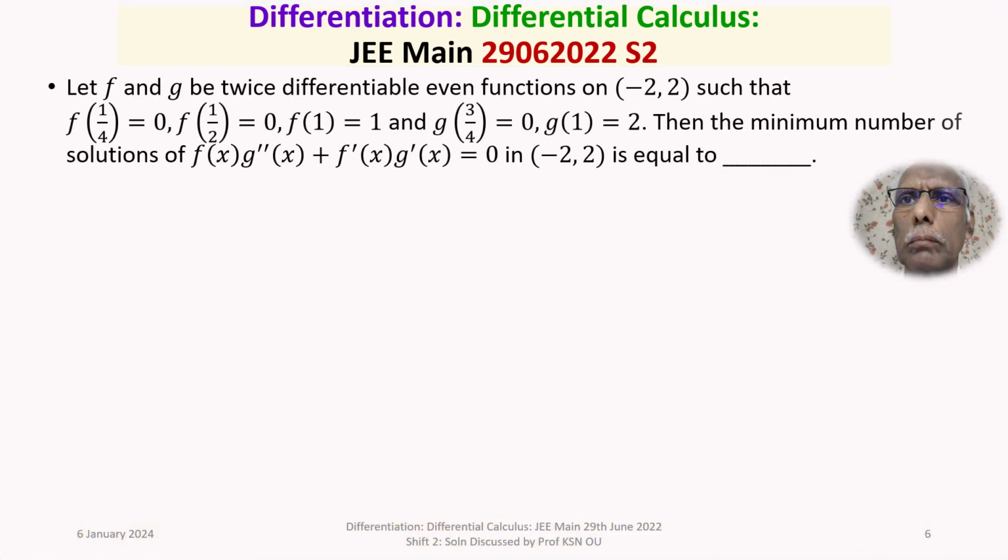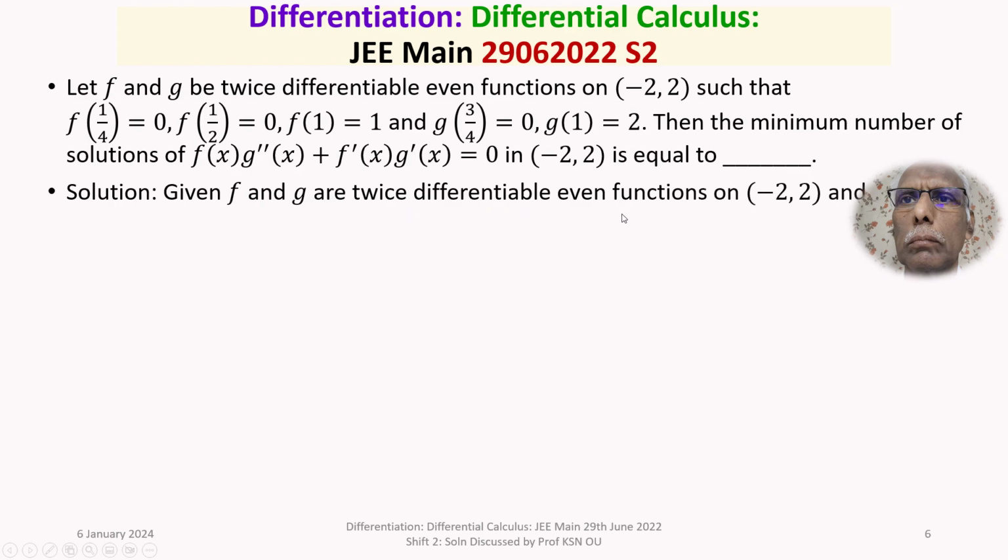We now discuss the solution of the problem in detail. Given f and g are twice differentiable even functions on the open interval -2 to 2. And f and g are twice differentiable means f prime x, f double prime x exist in -2 to 2.